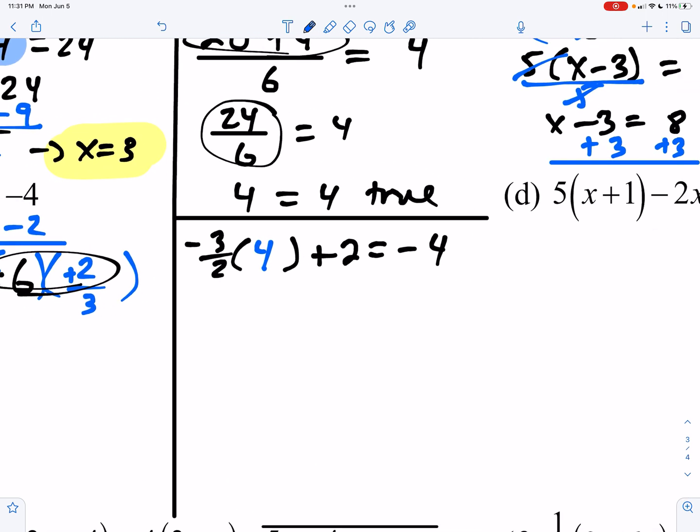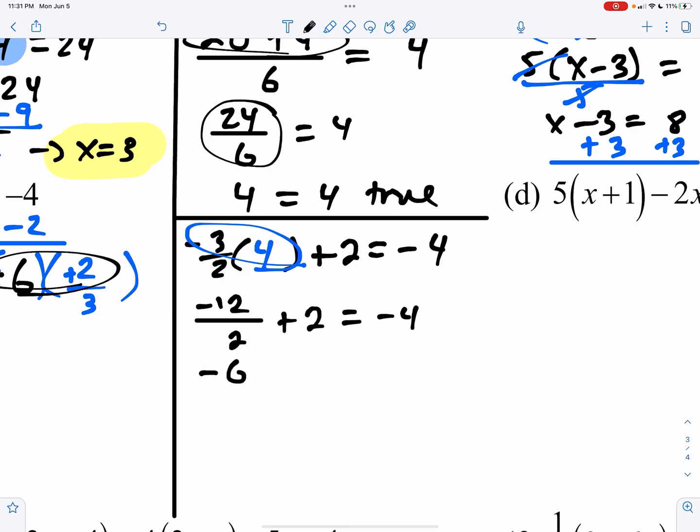Okay, let's begin. So to evaluate this, remember, you're multiplying times the top, not times the bottom. So this becomes negative 3 times 4, which is negative 12, divided by 2, plus 2. We're going to see if that equals negative 4.